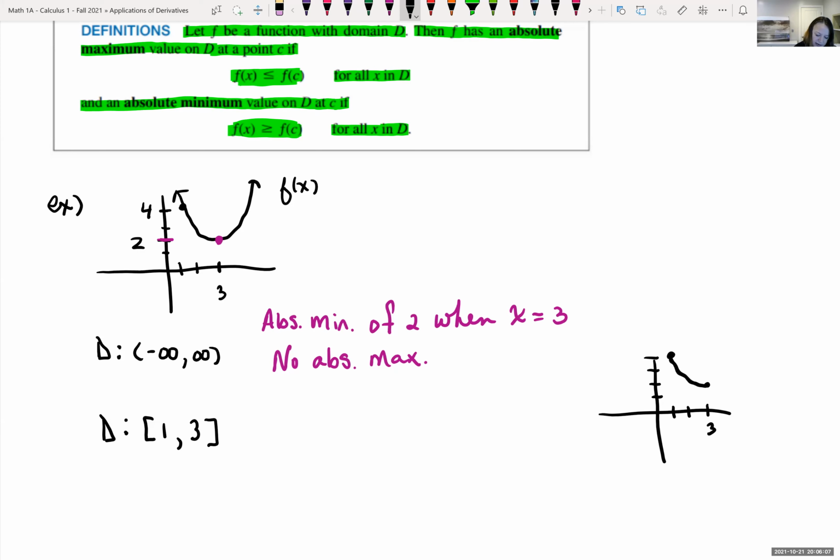So we're only looking at this piece of that f of x function.